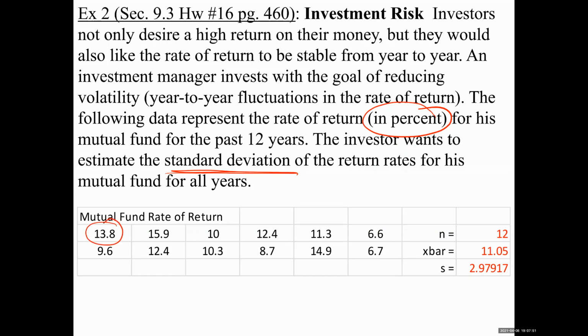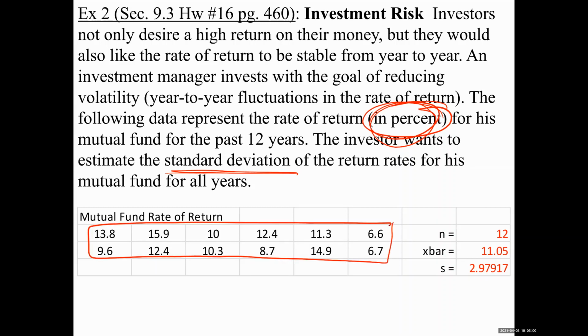This is 13.8%, 15.9%, okay? And this is this guy's mutual fund return rates for the last 12 years. I could find the standard deviation of those numbers, and actually it's given to you. It's 2.97 whatever percent. But what we want to know is the standard deviation of the return rates for all the years.